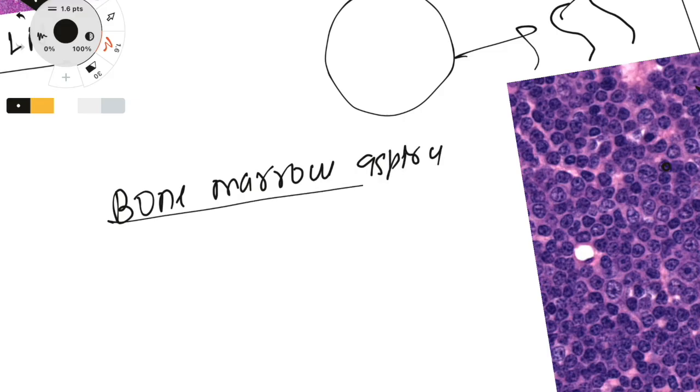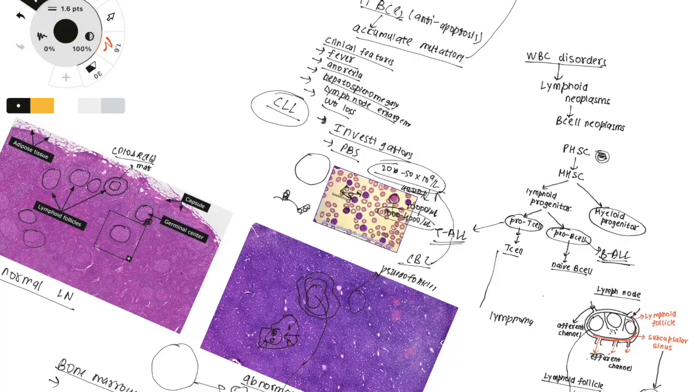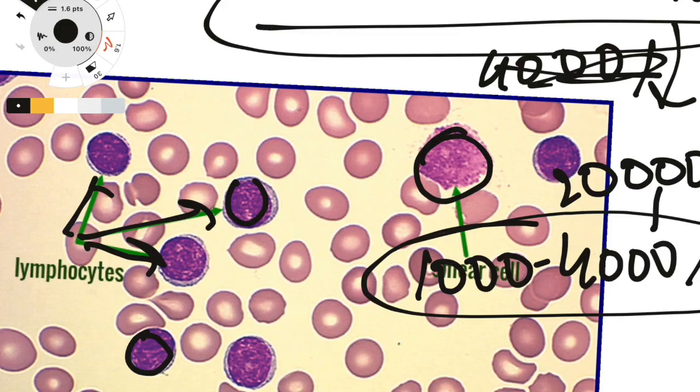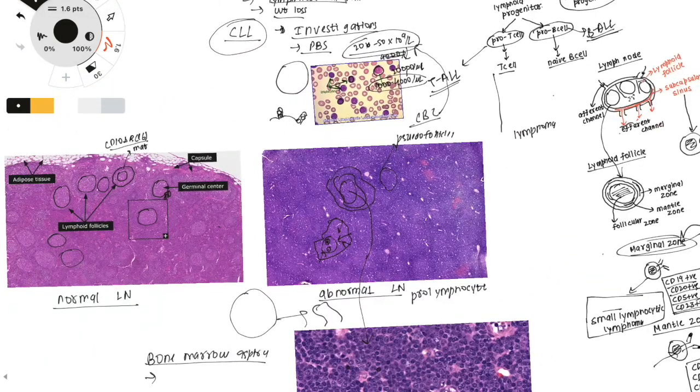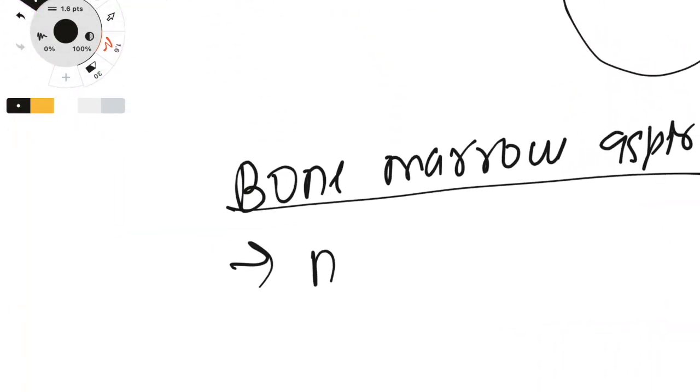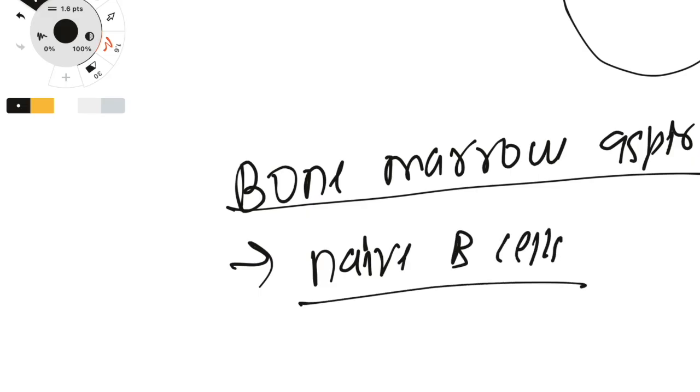And then we also see the bone marrow aspirate investigations. In bone marrow aspiration we see a lot of these type of cells, lymphocytes, many naive B cells, hypercellularity, and the megakaryopoiesis and the production of neutrophils and basophils is normal.